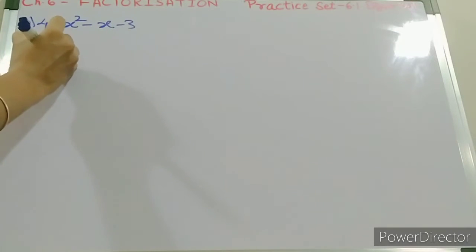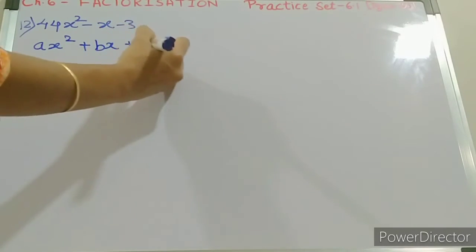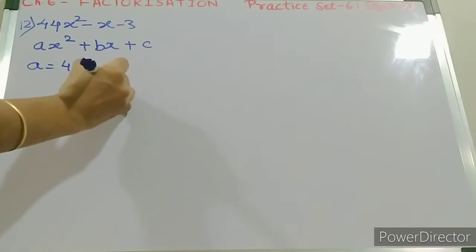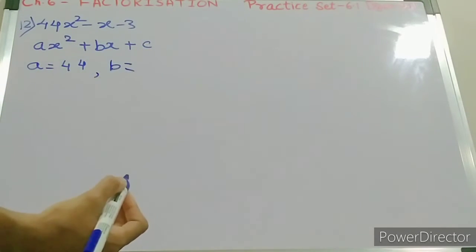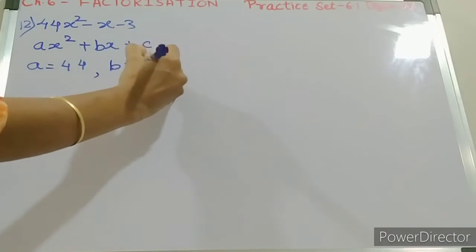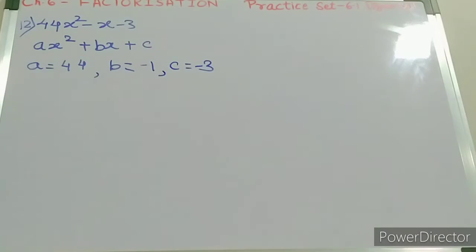Again, what is the step? We have to compare this with ax square plus bx plus c. What is a? a is 44. b will be minus 1. c will be minus 3. Correct?